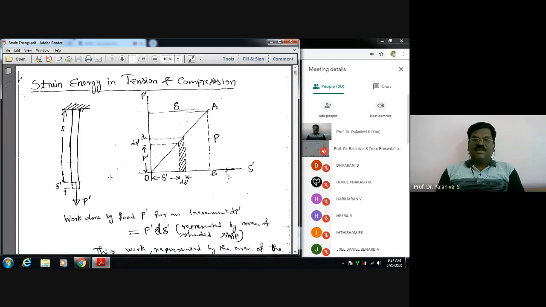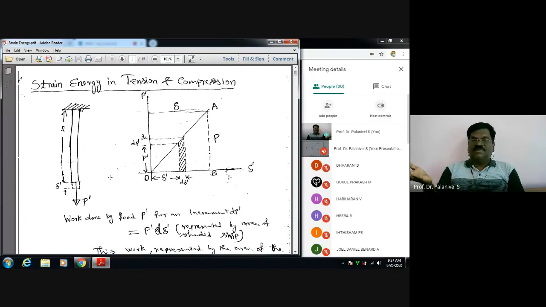How does it regain? To deform the bar, we applied an external load, external force. We pulled it, applying some energy. But if you withdraw the force, the bar goes back to its original position. The property is called elasticity.